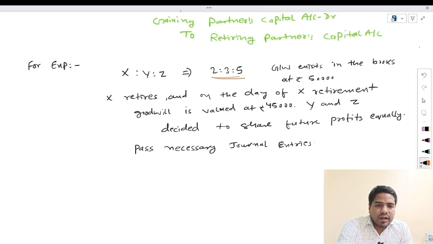X retires, and on the day of X's retirement, the goodwill is valued at 45,000. Y and Z decided to share future profits equally. It means their new ratio is also given. We have to pass the necessary journal entries. X is retiring from the business.